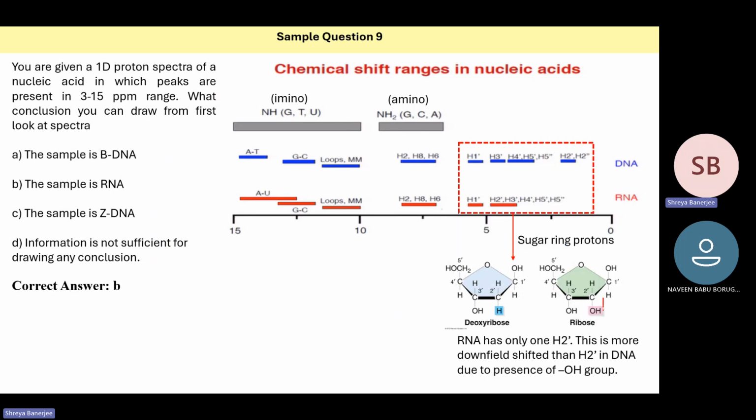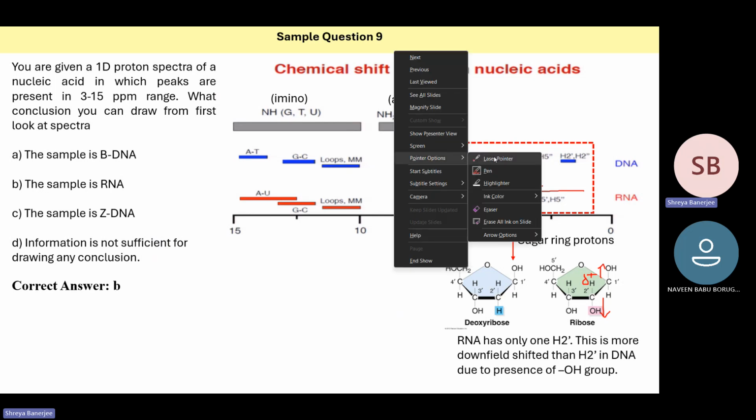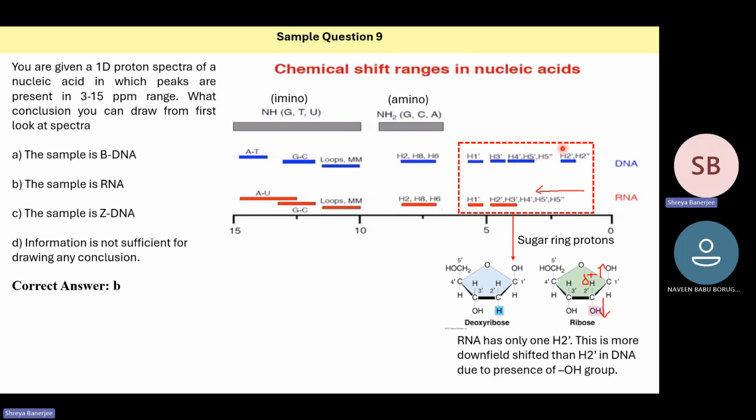OH is an electron withdrawing group. Because of this, the 2' hydrogen of RNA gets more delta positive. So in RNA, the 2' hydrogen gets downfield shifted. So in DNA, the range of chemical shifts can vary from somewhere around 0.2 to 15.